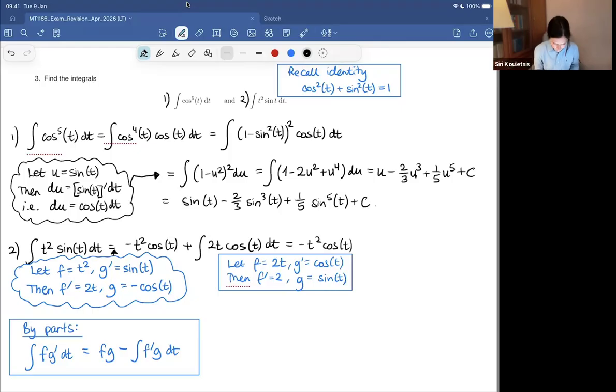Now we need to do plus fg. That's 2t sine t. And now it's minus the integral of 2 sine t. And now we are ready to write down the final answer.